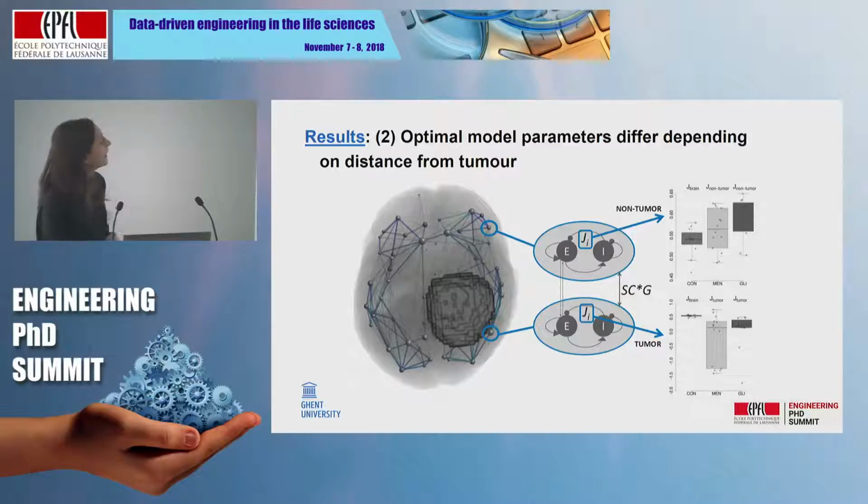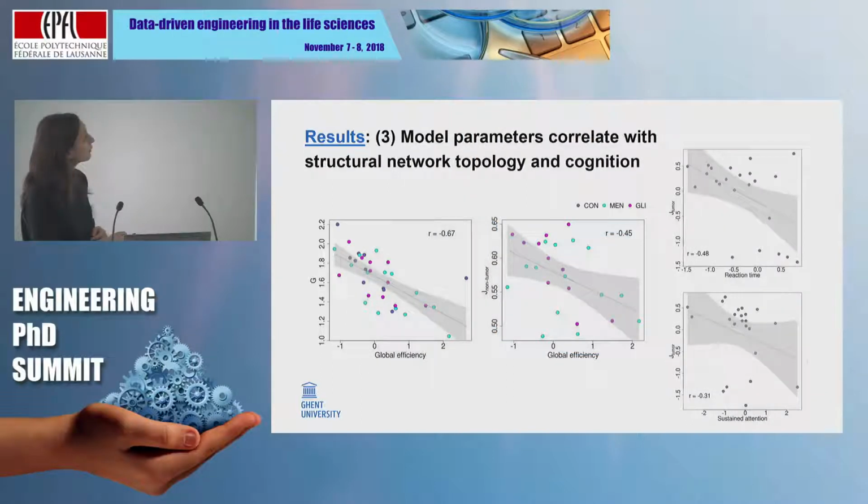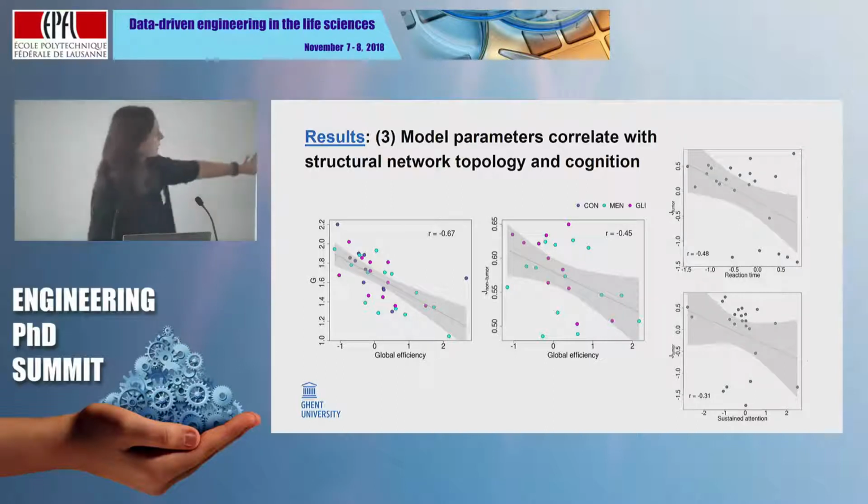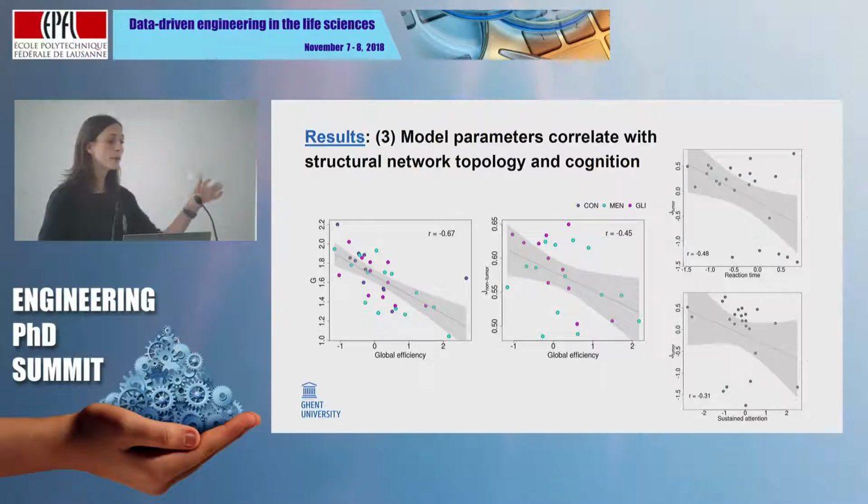And then further, we found that these model parameters also correlate with structural network topology and to some extent with cognitive performance. Regarding the structural network topology, we mainly found associations with global efficiency of the structural network, especially the association between the global coupling parameter and global efficiency, which has been demonstrated before in stroke populations as well.